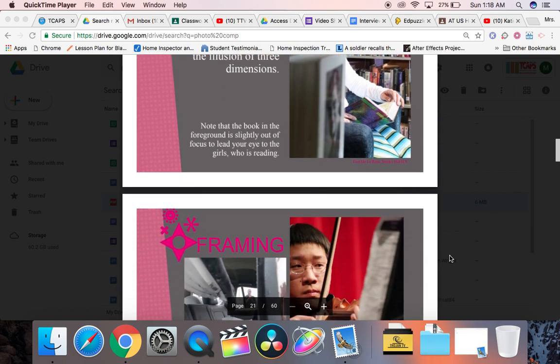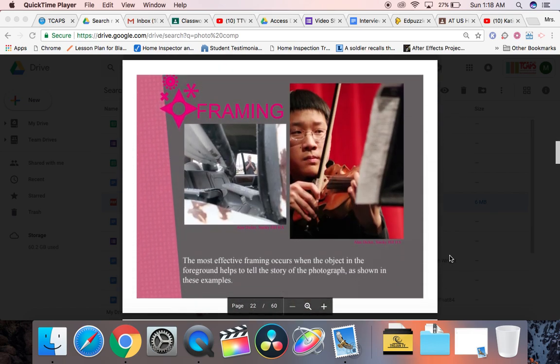A couple more examples of framing. The music stands in band and orchestra and choir come in handy quite often to make nice frames. Knowing your environment sometimes can be really helpful, thinking about what frames sort of exist in classrooms that are natural to the environment.